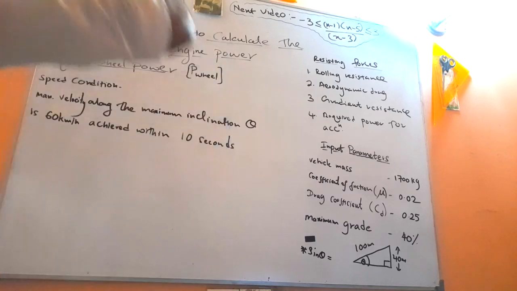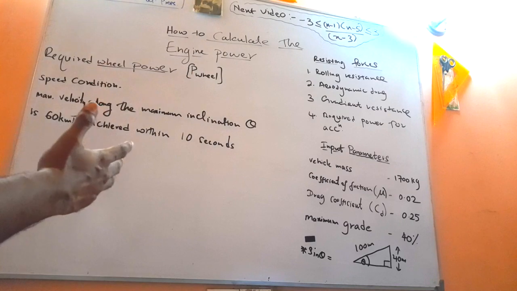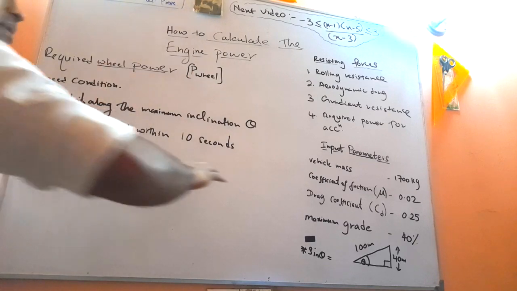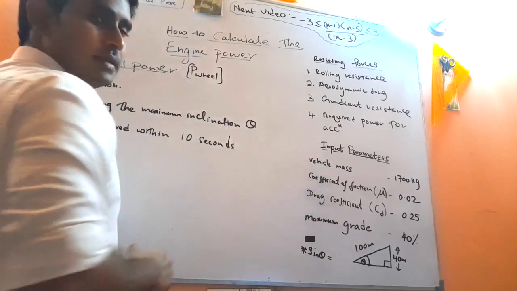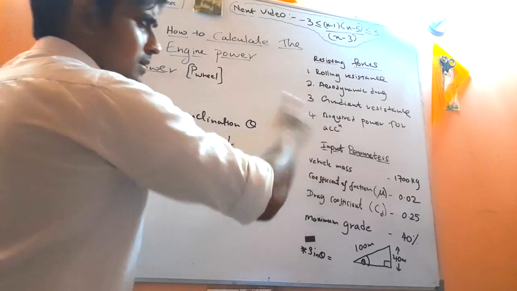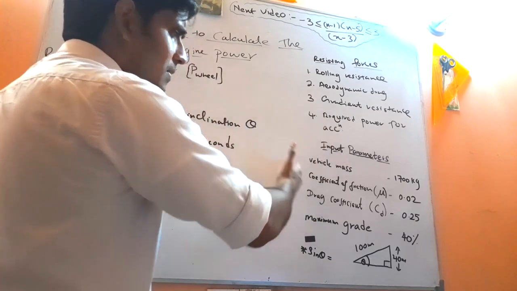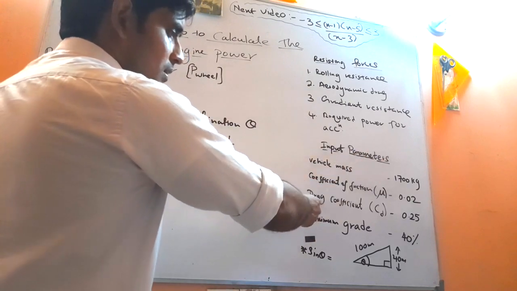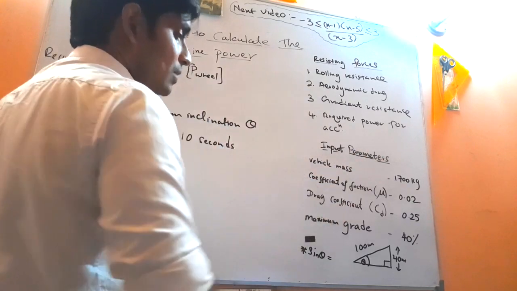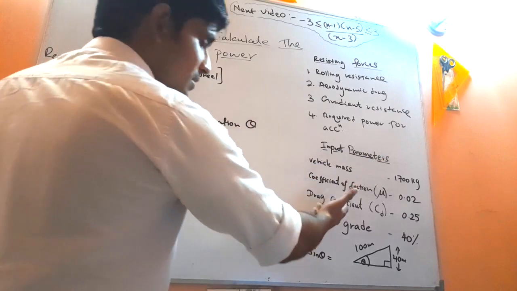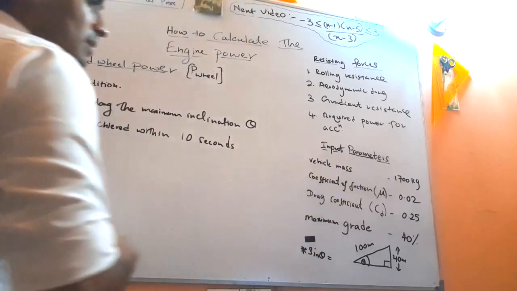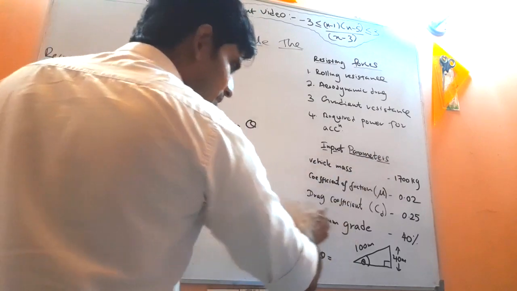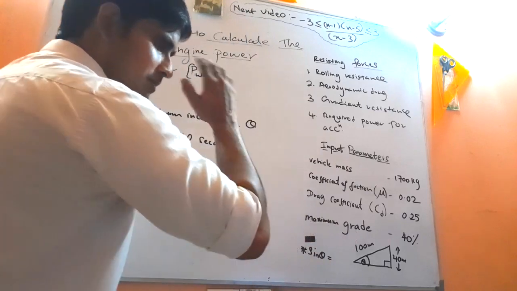So let's consider the input parameters. The vehicle mass is 1700 kilograms, the coefficient of friction is 0.02, the aerodynamic drag coefficient is 0.25, and the maximum grade is 40%.